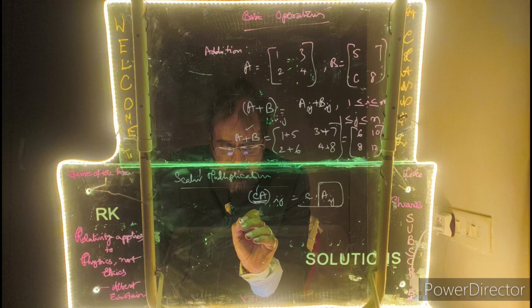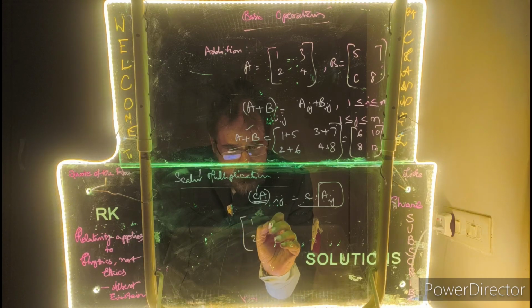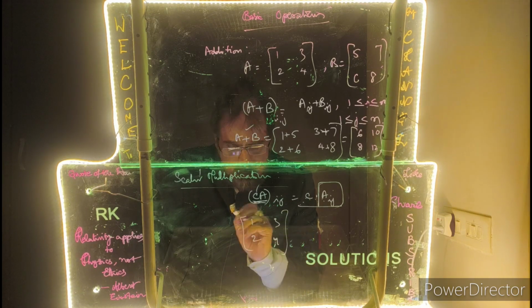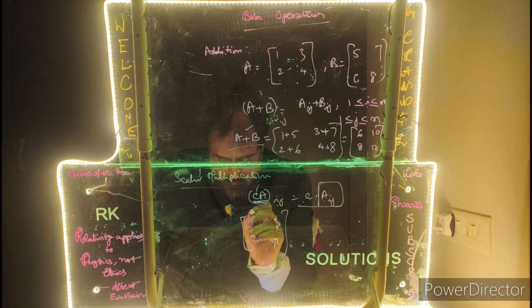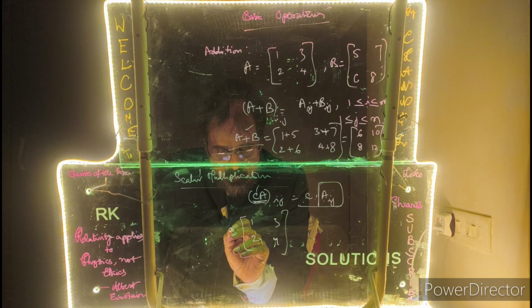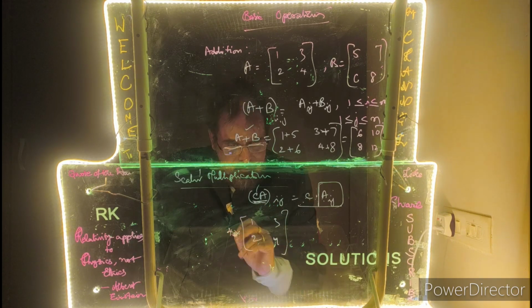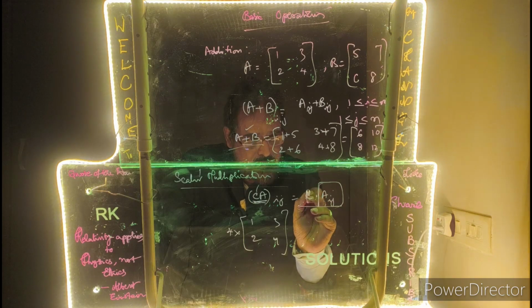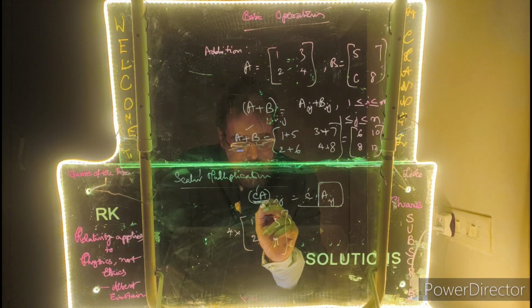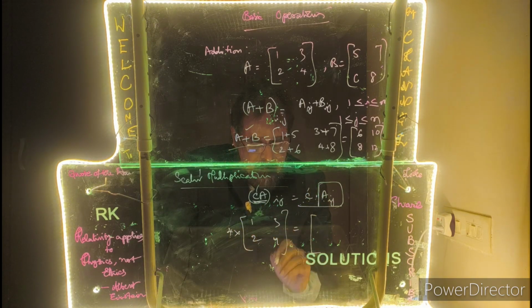Let's say the example 1, 2, 3, 4. Here we have 4 into this, c is 4 here. So what will this be?